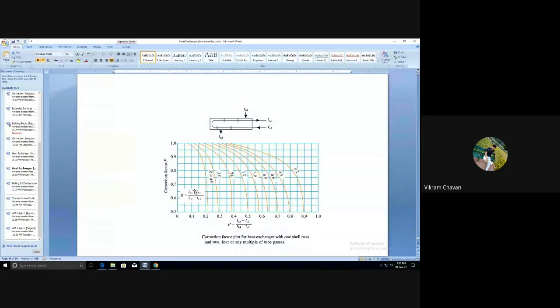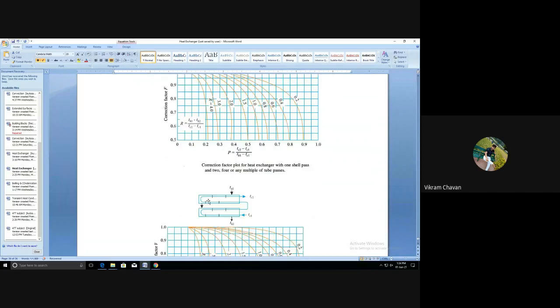Here U is the overall heat transfer coefficient, A is the equivalent surface area available for heat transfer, and theta m is the logarithmic mean temperature difference, or the AMTD if the ratio of theta 1 to theta 2 is less than 1.7. F is the correction factor, which you calculate from these graphs.